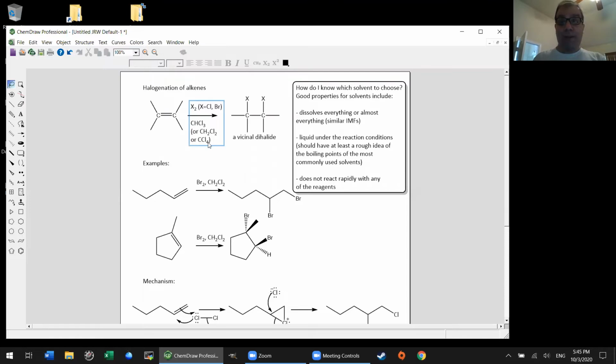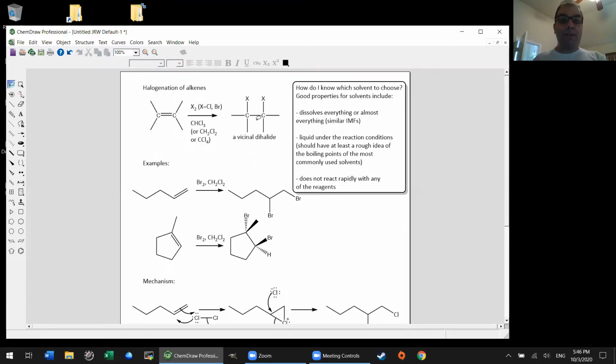Carbon tetrabromide most certainly is not a liquid, it's a solid at room temperature. So the chloroform and dichloromethane and even carbon tet are a good deal cheaper and easy to get a hold of. Carbon tetrachloride less so these days, again, because it's somewhat less than benign. But like I said, on paper, any of those three solvents is fine.